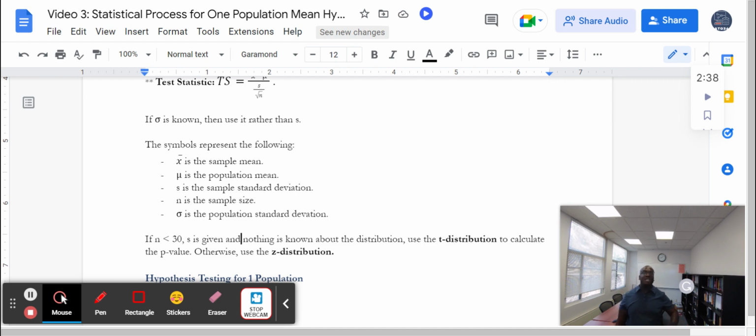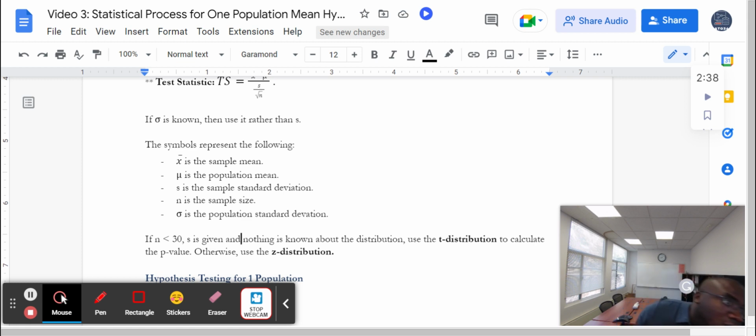Otherwise, we use a Z. If we have a large sample size, Z. Sigma is given to you, Z. We know that the distribution of the data is normal, Z. So rewind that 3 or 4 times, because that is a stumbling block every quarter that I've taught this class.